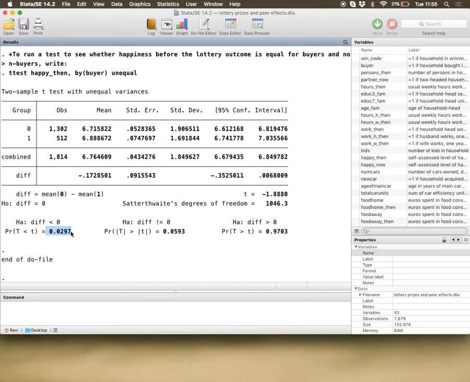At a 5% significance level, you will fail to reject. At a 10% significance level, you would reject the H0. So don't be too obsessed about the significance level. Just focus on the p-value. That gives you a lot more information. It tells you when you will reject and when you will not reject.